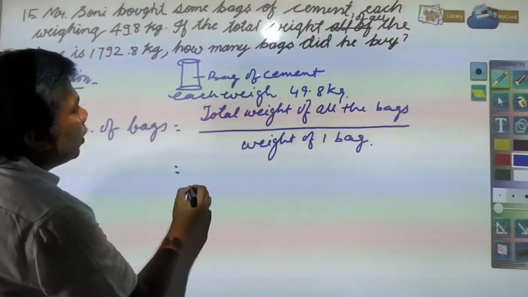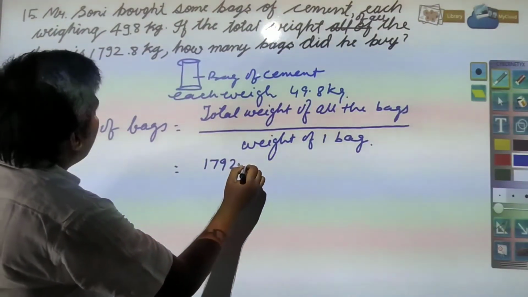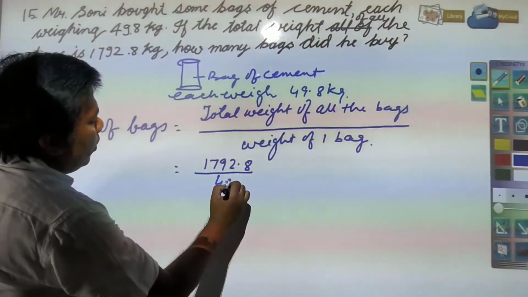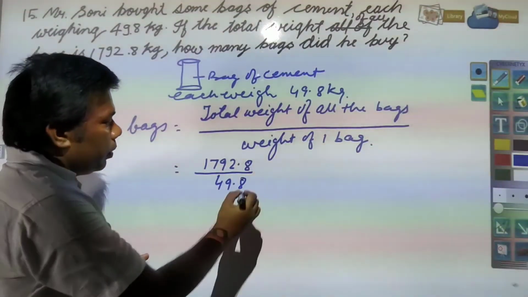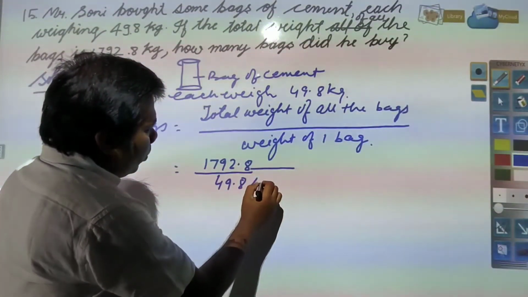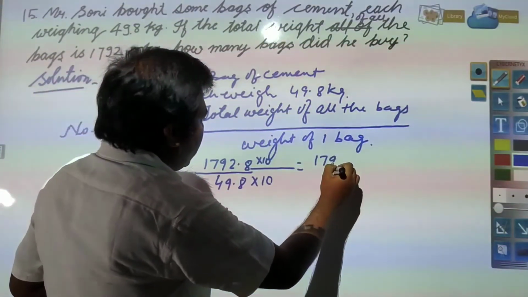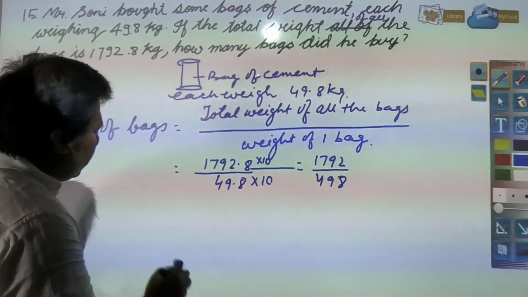So this will be 1792.8 divided by 49.8, and since these are decimal numbers, they are required to be converted into whole numbers, so you multiply by 10. So what will you get? 1792 divided by 498. This number is required to be divided.